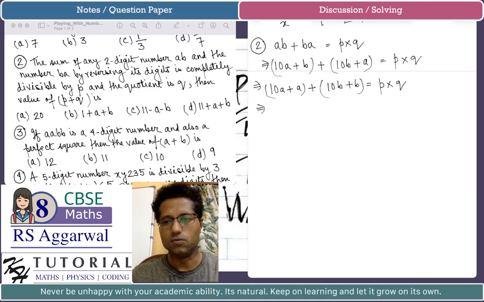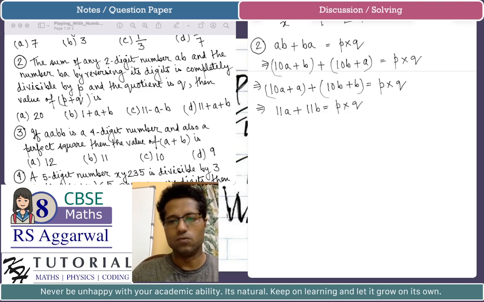Simplifying the left hand side, I get 11A plus 11B is equal to P into Q.